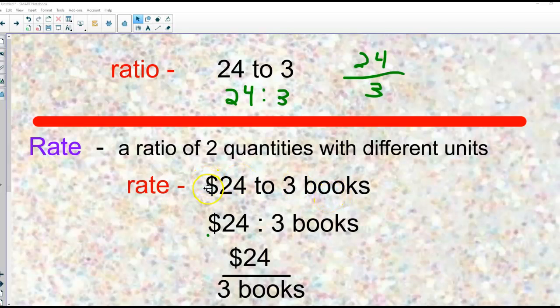So we're comparing money to books. And there's 3 of them here. Money to books. So we could write it with the word to. We could write it with the colon. And we could also write it as a fraction. Okay, but the difference is when you had a ratio, there was no units. When we have a rate, there is units. In this example, it is money and it is books.